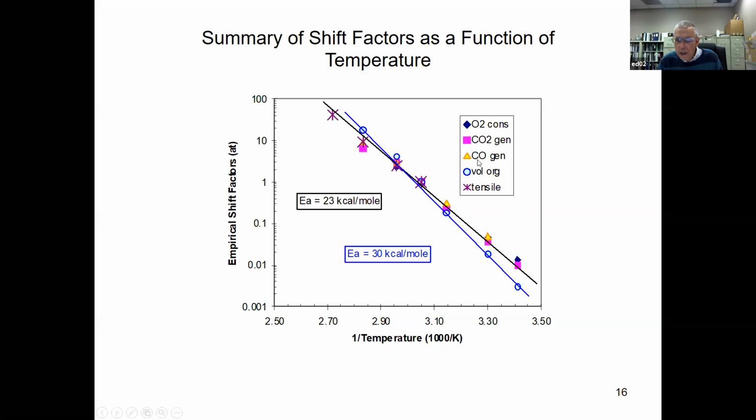And then the carbon monoxide generation rate, gold triangles. And then here are the tensile properties we obtained at the beginning, at 95, 80, and 70 degrees. So those are the purple asterisks.